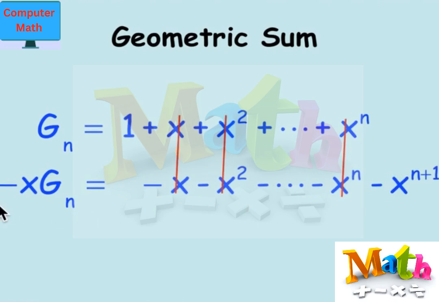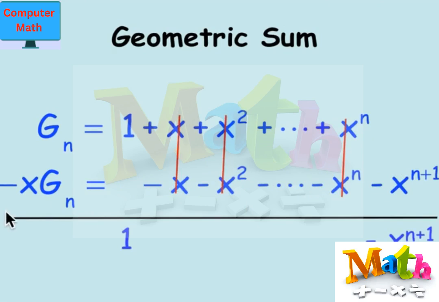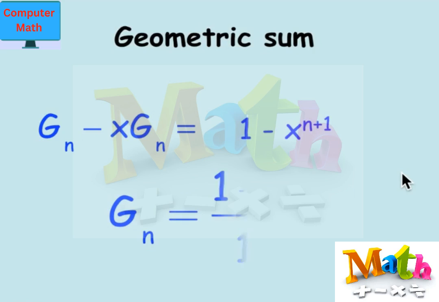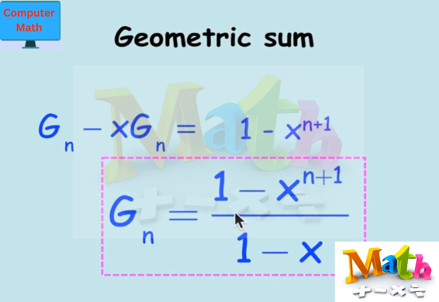There's xGn, so 1 times x. Of course, I'm subtracting, looking ahead, so 1 times x is minus x. x times x is x squared, and I'm going to subtract it down through x to the n minus 1 times x gives me the x to the n term. And finally, I have an extra term from right shifting x to the n, to be x to the n plus 1.